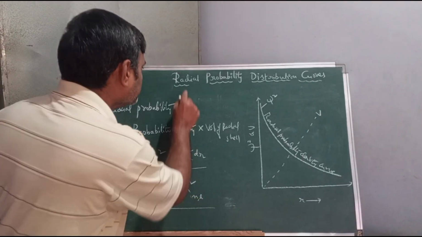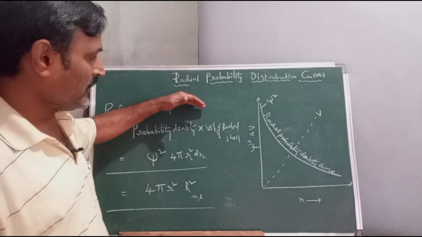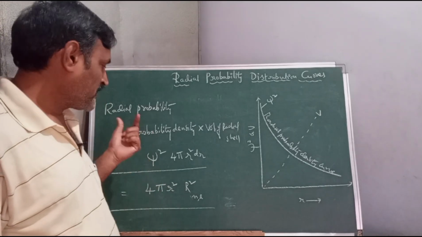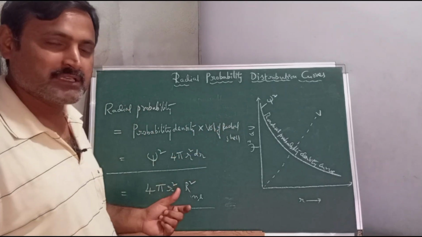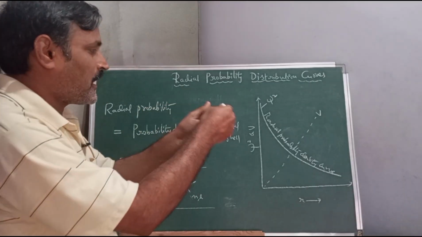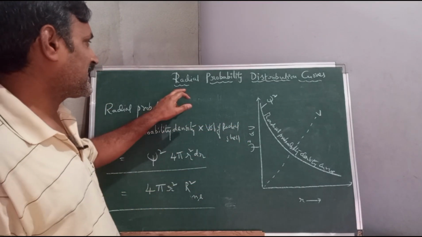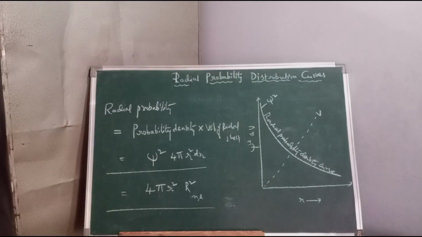That is proved in the radial probability curve. Now we will check the psi wave functions of the different orbitals, and how the graphical representations of the orbitals are observed using radial probability distribution curves. Let us see that.